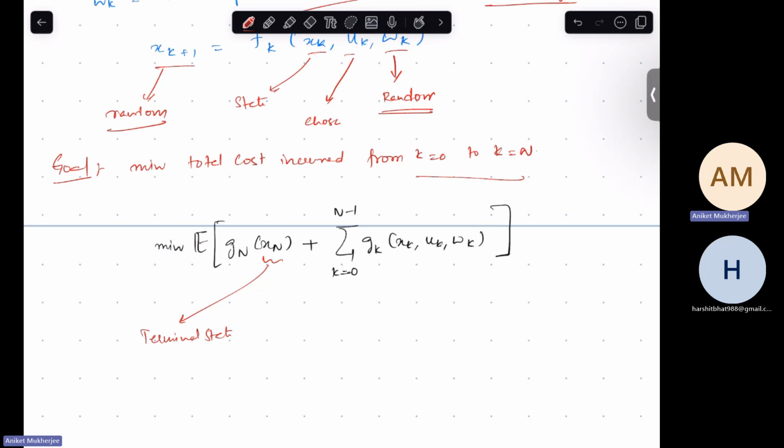This is your terminal state, and this term is your terminal cost. And this whole summation is your stage-wise cost.